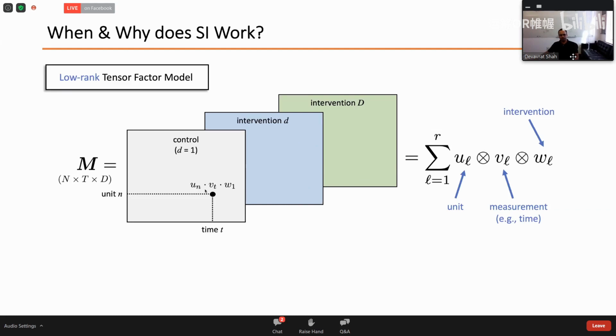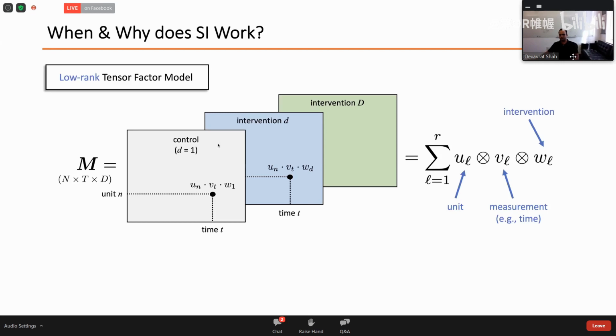Putting it another way, at least in a simple setting, let's suppose I want to understand what would be the true measurement M associated with unit N, day or time T, and intervention 1. Well, it's U_N times V_T times W_1. If I go laterally from here to intervention D, the first two remain the same, but it's W that's changing. Of course, if I keep the same W and same U, but go across T, then across columns it's a V that's changing, and across rows it's U that changes.